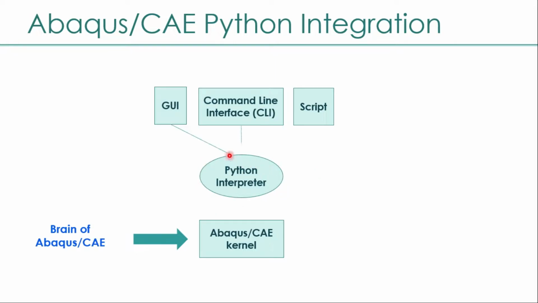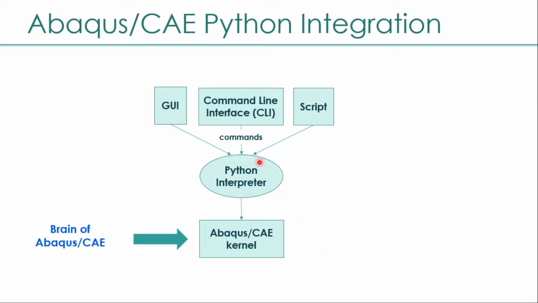So all these components give their commands to the Python interpreter. Once the interpreter interprets a command correctly and says it's okay and there is nothing wrong with it, it gives these commands to the Abaqus kernel, and then the kernel executes those commands.